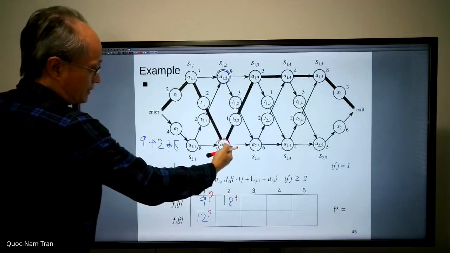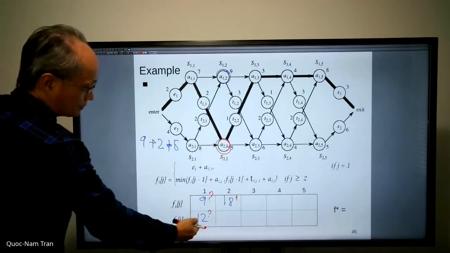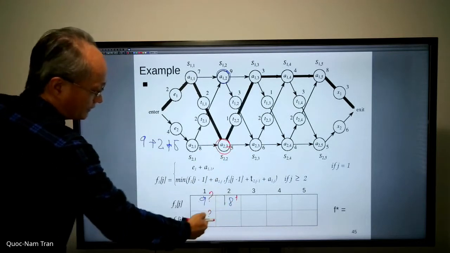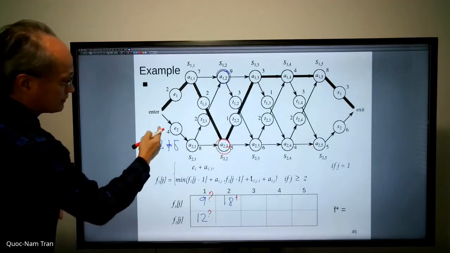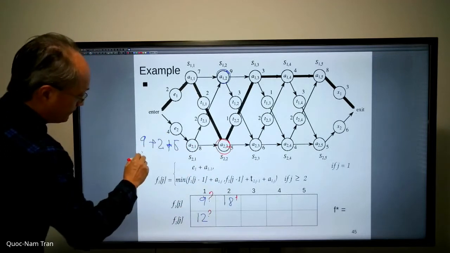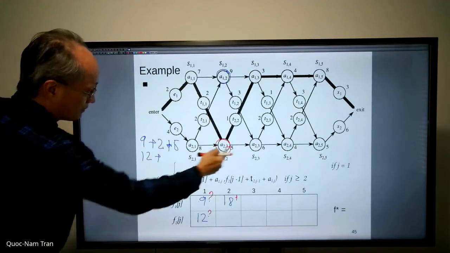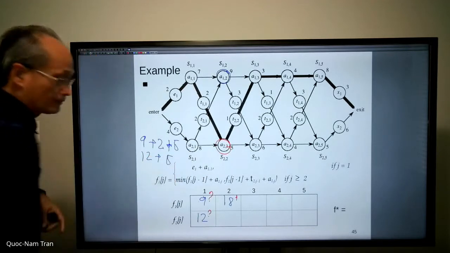The second way is to go with f2,1, that is 12, we already have that, plus 5.